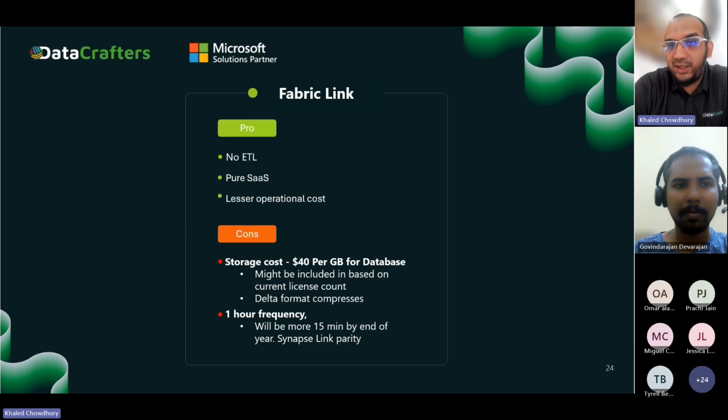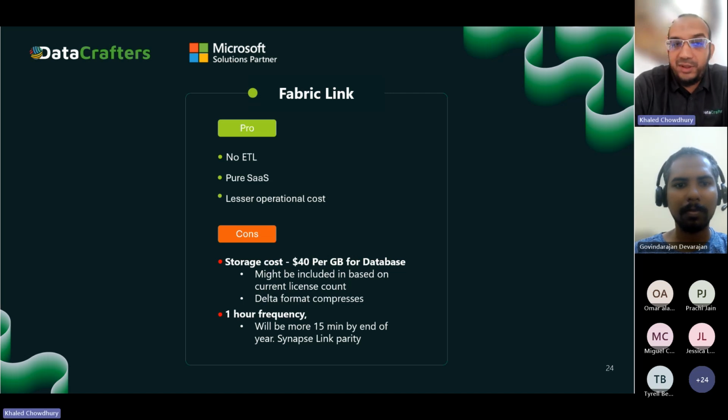So we are not moving the data ever. Microsoft is doing that for you. It's pure SaaS, meaning, funny enough, you have to keep the Fabric capacity running to create the initial link, but the entire process of updating the Parquet files happens within the Dataverse environment. You actually don't even have to have Fabric capacity active for the replication to continue.